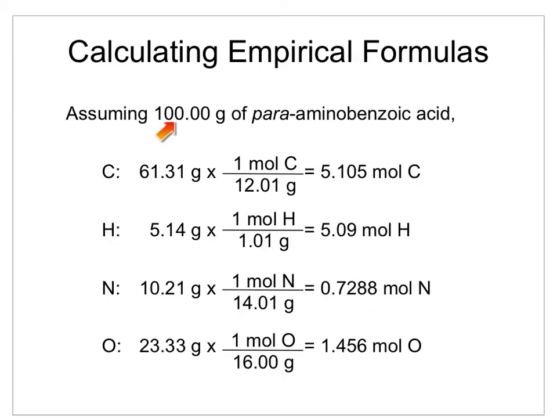By assuming a 100-gram sample, we can use the percentages as the mass for each element in grams. We then use the molar mass for each element to convert grams into moles for each element. The ratio of the molar quantities is proportional to the subscripts for the elements which make up the empirical formula.